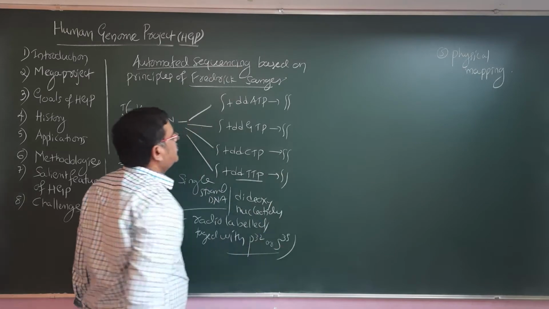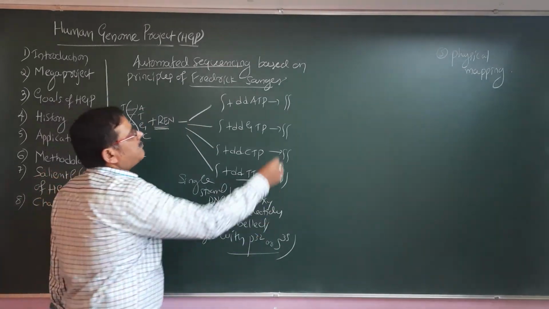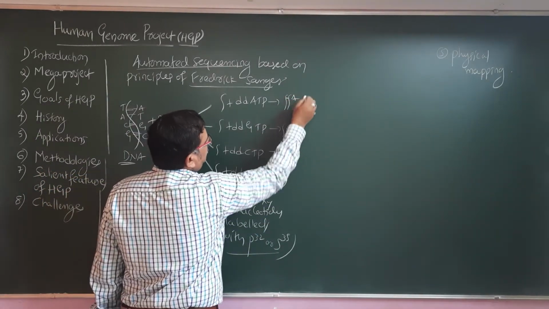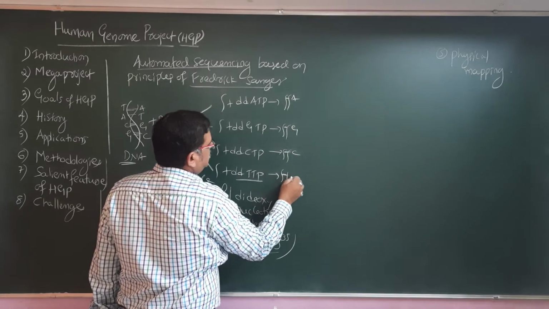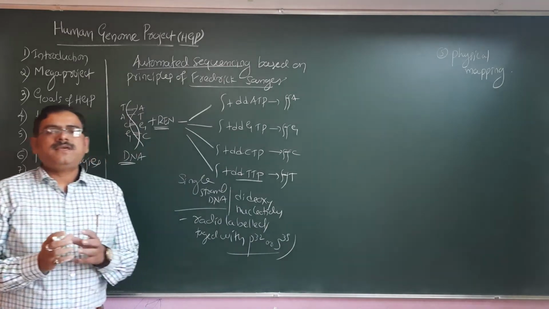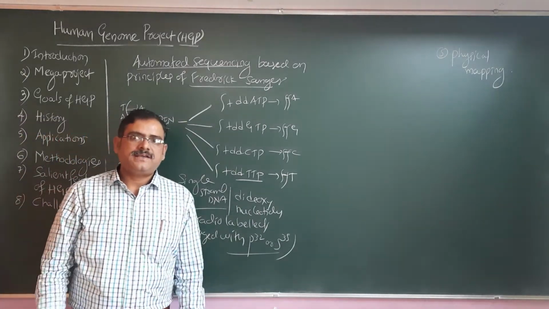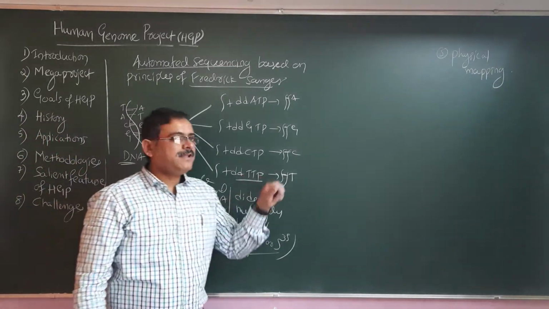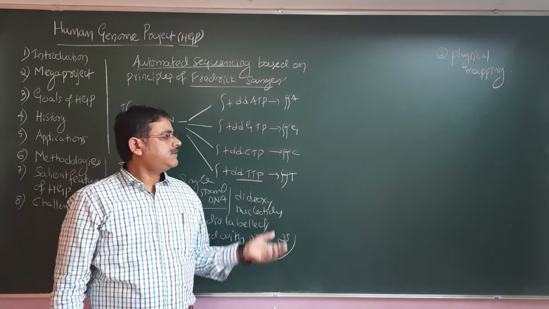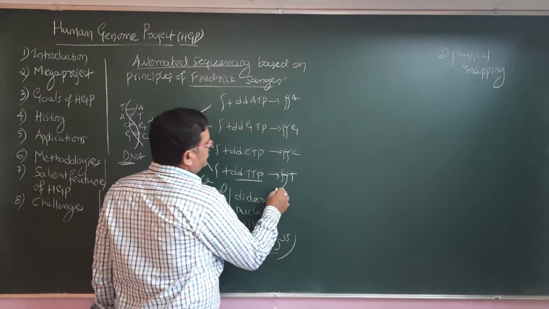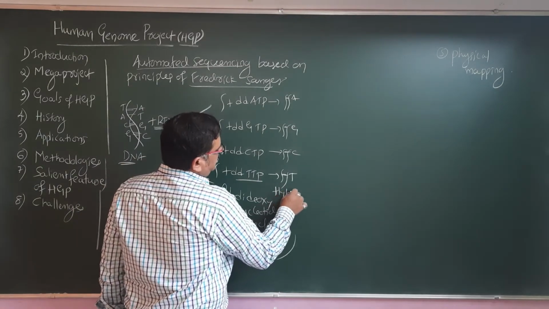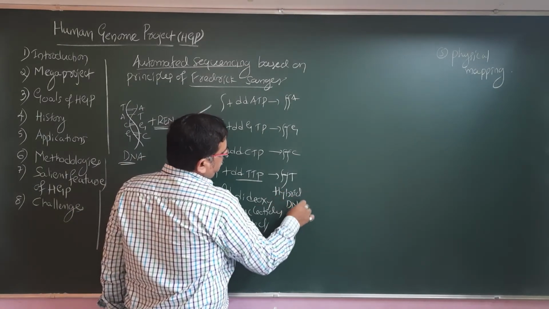In this the adenine, in this the guanine, in this the cytosine, in this the thymine will be emitting light when exposed to UV rays. So now it becomes a radio labeled hybrid DNA. The hybrid DNA has been formed.